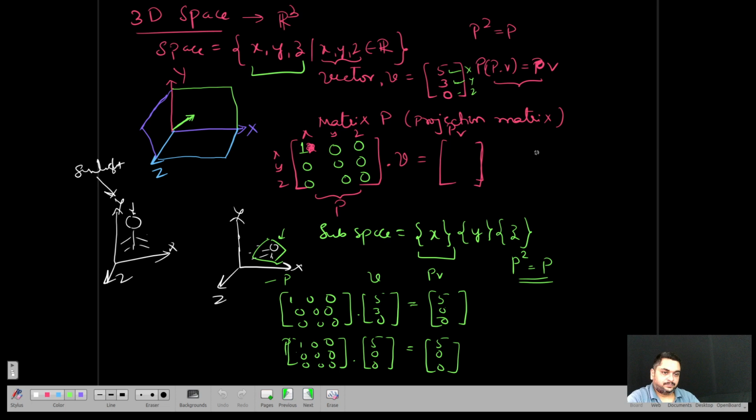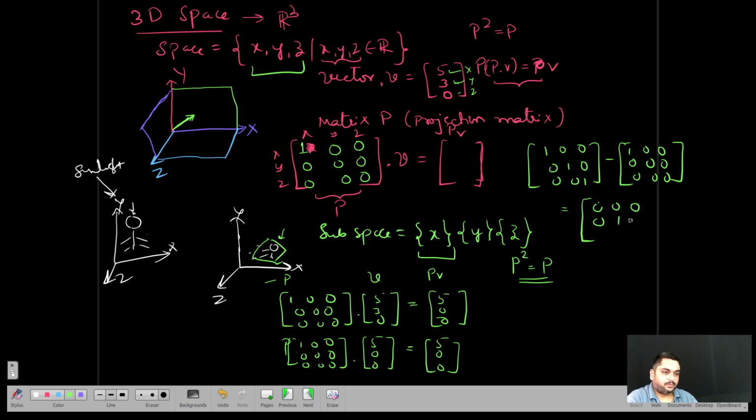Subtracting the projection matrix from I. So I is, for example, 1 0 0, 0 1 0, 0 0 1, minus P, 1 0 0, 0 0 0, 0 0 0. So this will give me 0 0 0, 0 1 0 and 0 0 1.